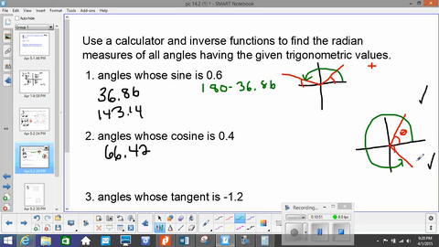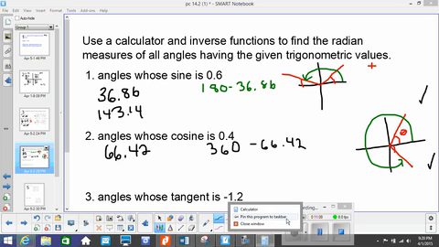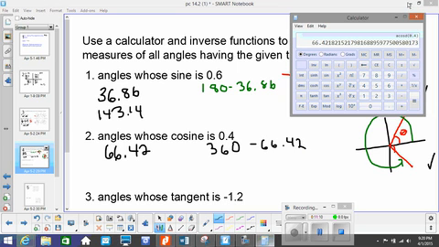So what I'm actually going to do is, if I went all the way back to that x-axis, that would be 360 degrees. So let's just take 360 minus 66.42. And I get 293.58.